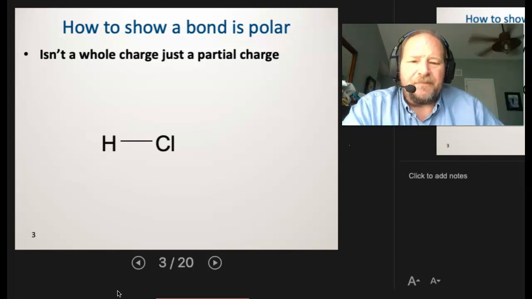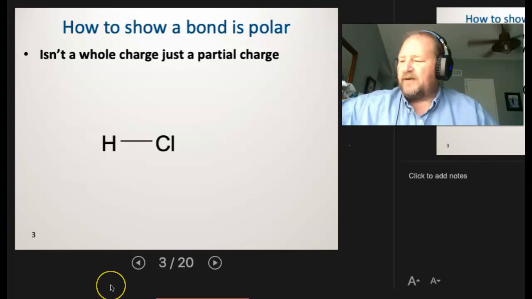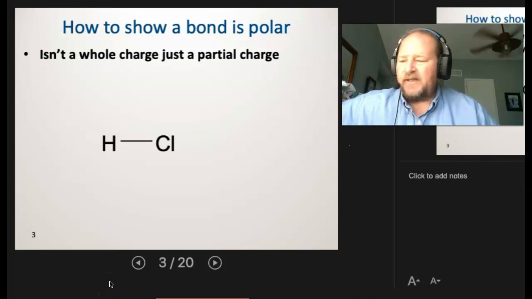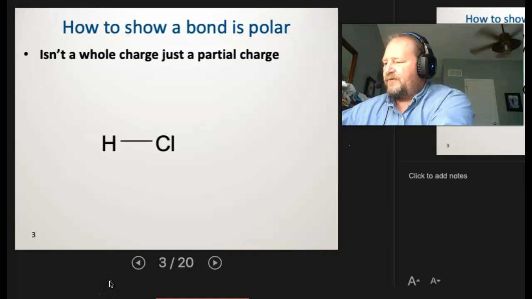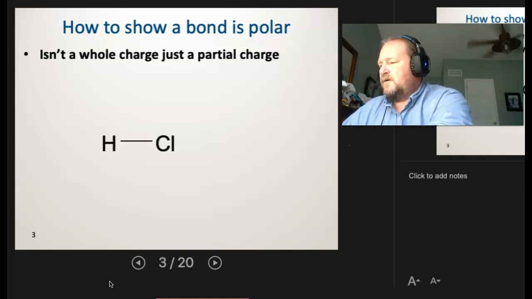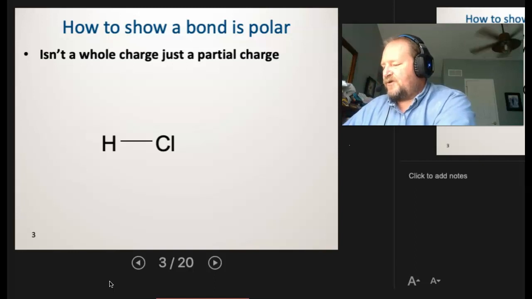So for instance, if I look up HCl, hydrogen is going to have a value, and I'll go ahead and look that up for electronegativities real quickly. So again, I can go to Google and just type electronegativity.